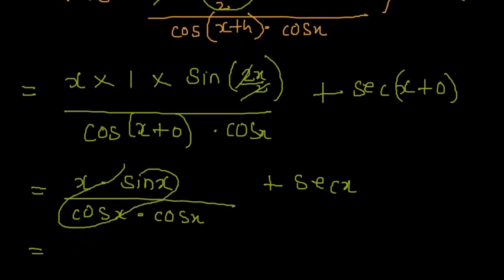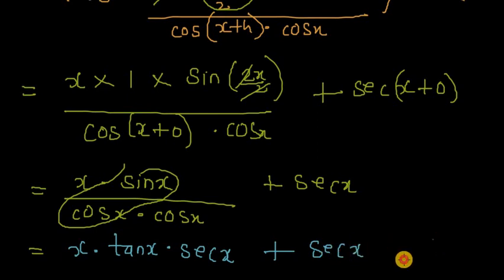That is tan x. So x into tan x. And what is 1 upon cos x? Sec x. So x into tan x into sec x, whole thing added sec x. So this is the derivative of x into sec x using first principle.